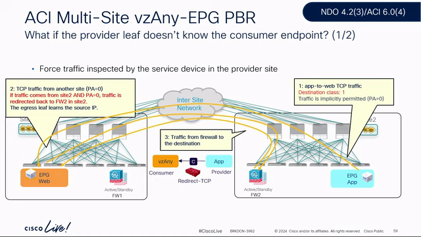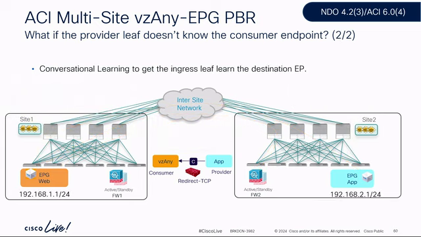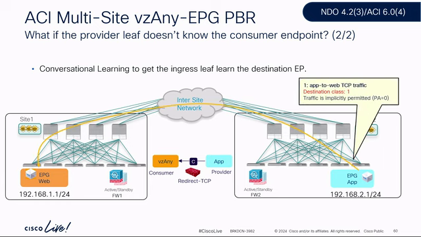That said, you might be wondering, this could cause unnecessary traffic hairpinning that we don't like. But don't worry about this. It's not going to happen continuously, thanks to conversational learning. So we have another new behavior when the provider leaf cannot apply policy.